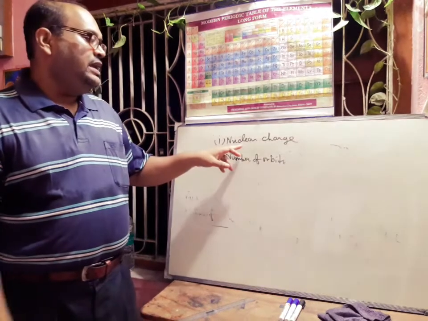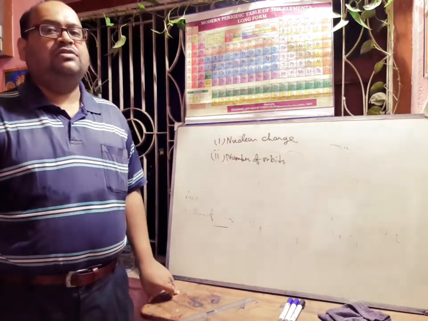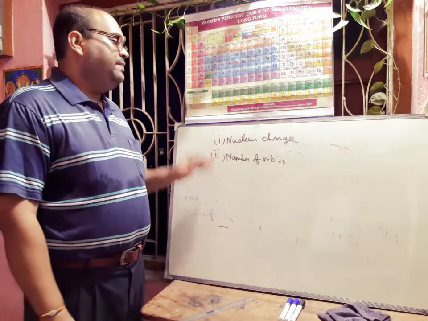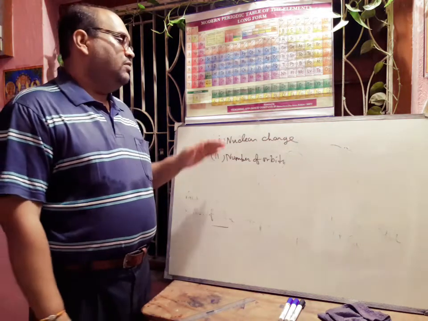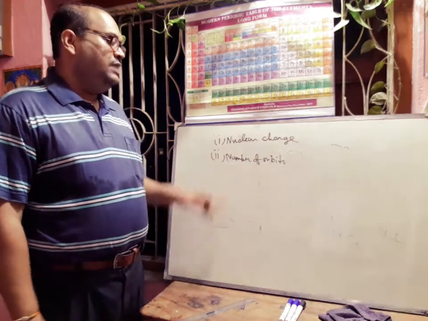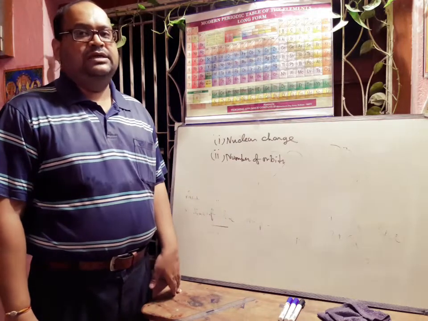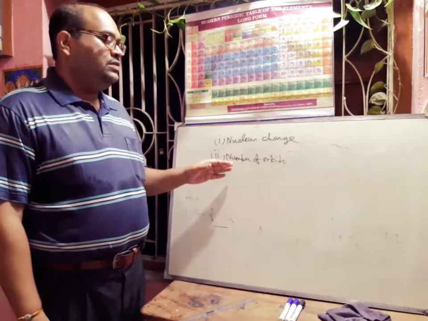If we increase the nuclear charge, what will happen? Definitely the atomic radius will decrease, and if we increase the number of orbits, then definitely the atomic radius will increase.